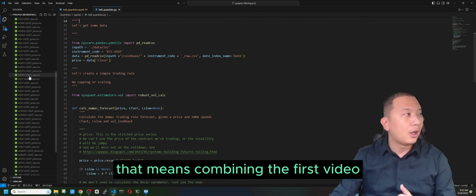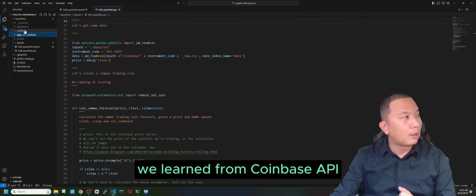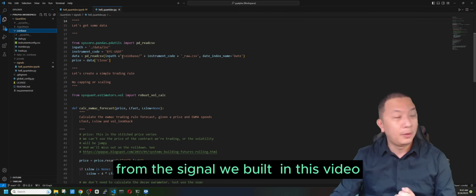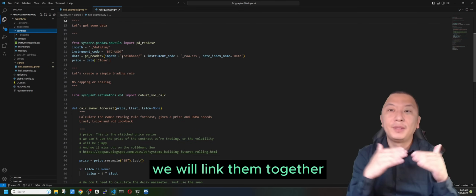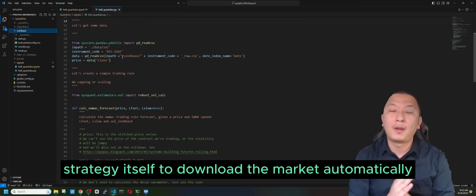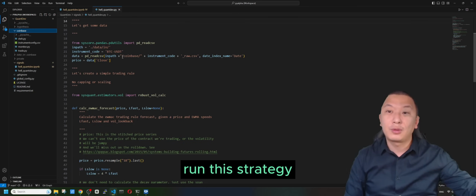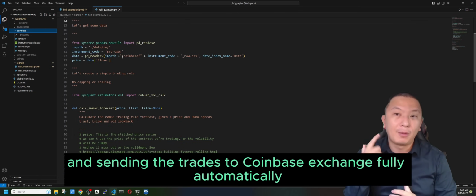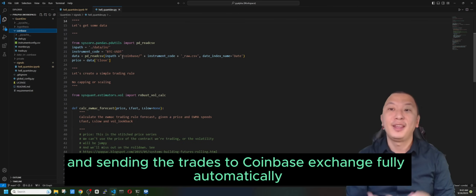That means combining what we learned in the first video about the Coinbase API with the signal we built in this video, and linking them together. We will let the strategy itself download the market data automatically, run the strategy, generate the predictions automatically, and send the trades to the Coinbase exchange automatically in the next video.